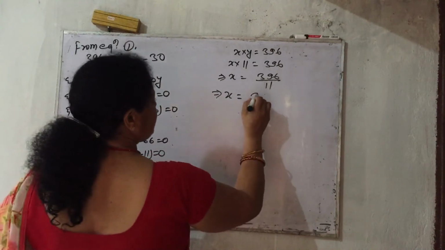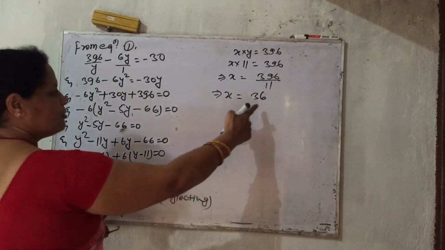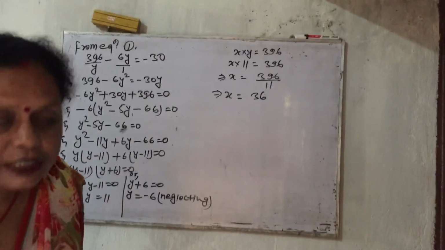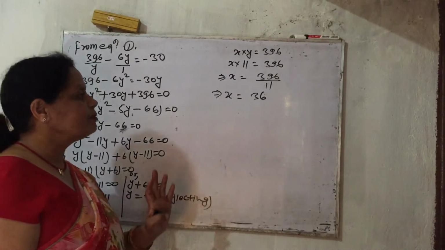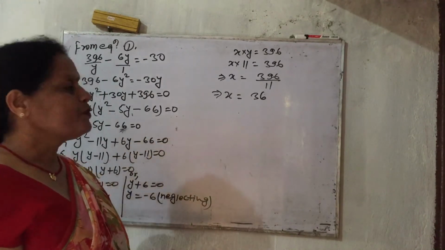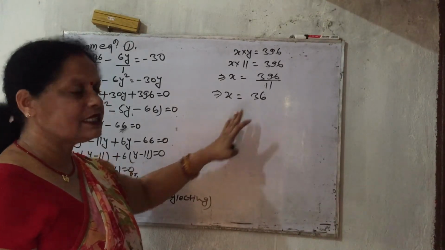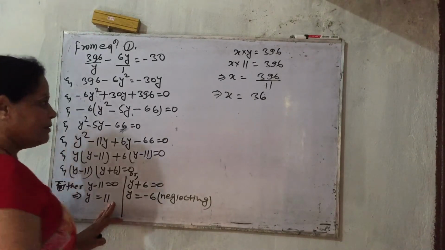That means the present age of father, x we have let as the present age of father, and y the present age of son. So the present age of father is 36 and the present age of son is 11.